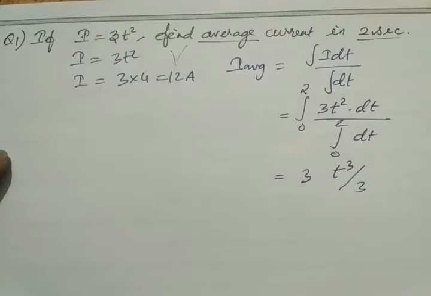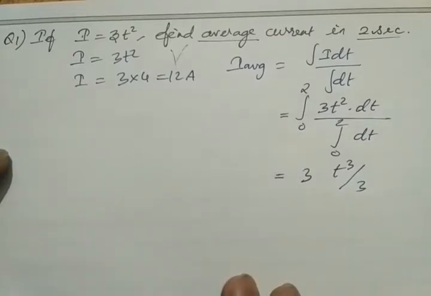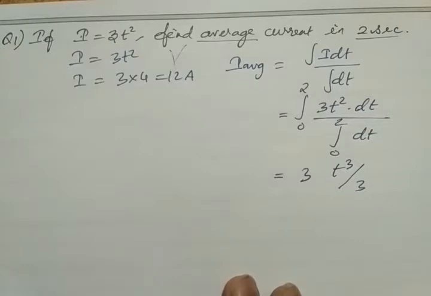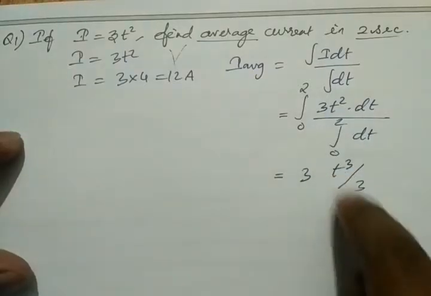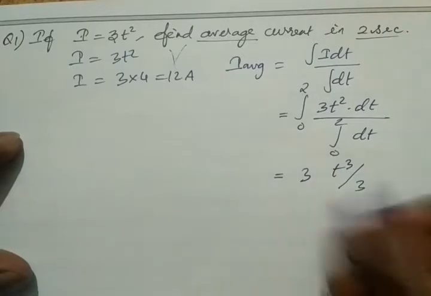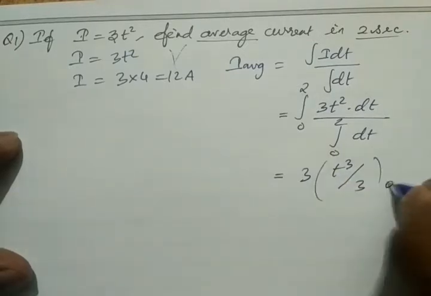Integration of t5, if you take one example, then it will become t power 5 plus 1 divided by 5 plus 1, which means t power 6 divided by 6. So that is the integration format: t power n plus 1 divided by n plus 1. So here also integration of t square will be t cube divided by 3. Okay, then the limit 0 to 2.